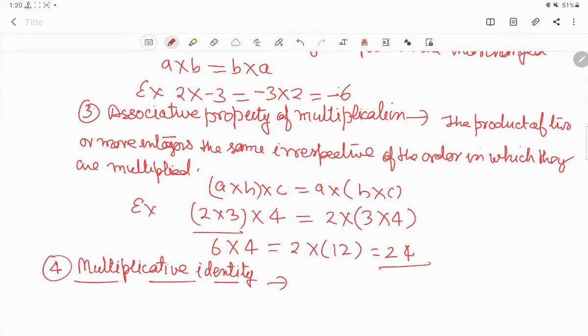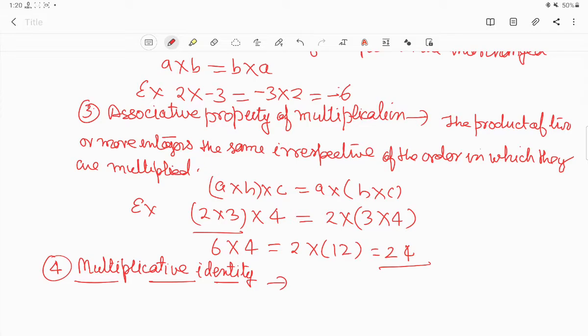The number which multiplied with any number gives a result the same as the first number is called the multiplicative identity. For example, 3 into any number is equal to 3, the same as the number; that number is called the multiplicative identity.